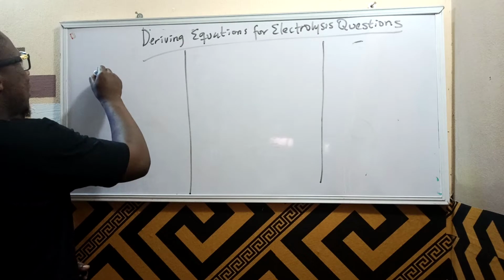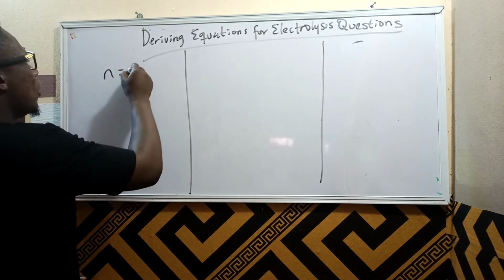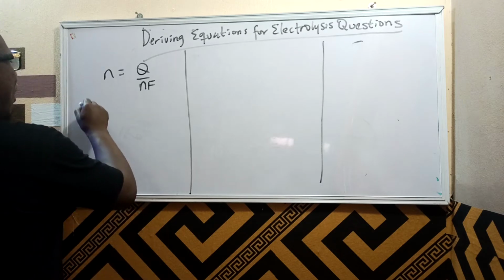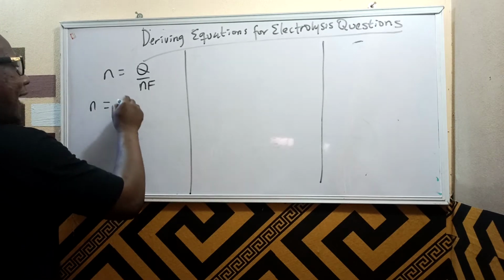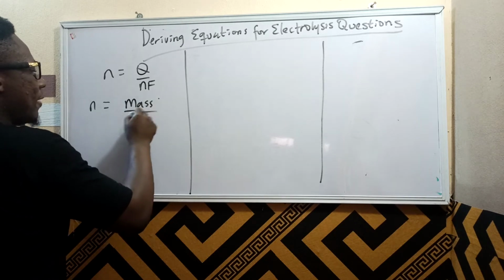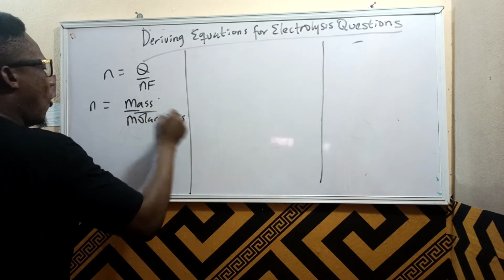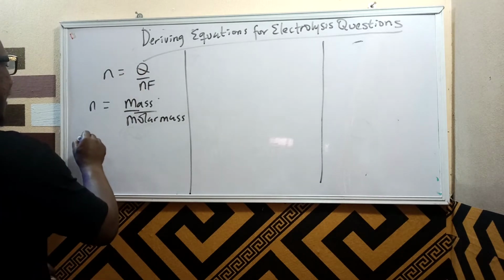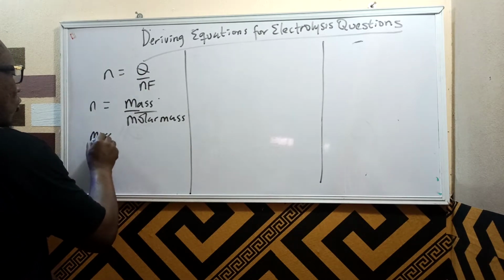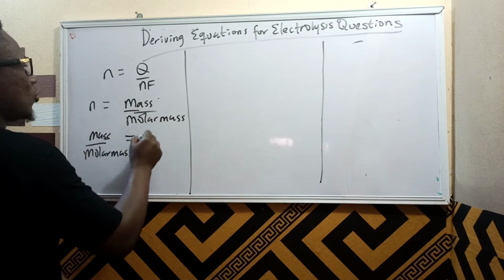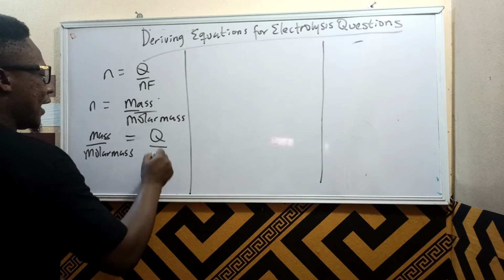Since N is equal to Q over nF, recall that number of moles is equal to mass over molar mass. Therefore, if you substitute mass over molar mass into this, we get mass over molar mass is equal to Q over nF.